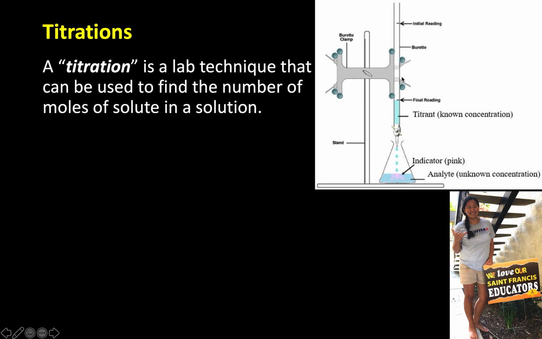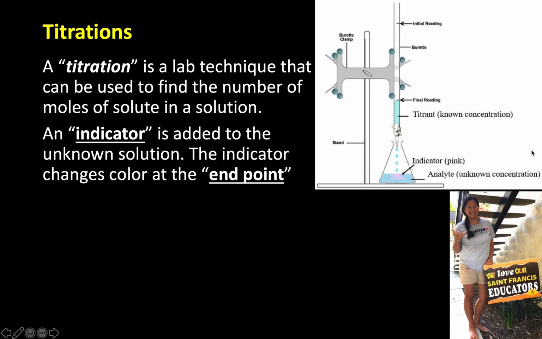It's very precise. It has this valve at the bottom called a stopcock, where if you turn this, the solution will drip out into the flask below, and you can use this information to figure out the concentration of your analyte, your unknown.